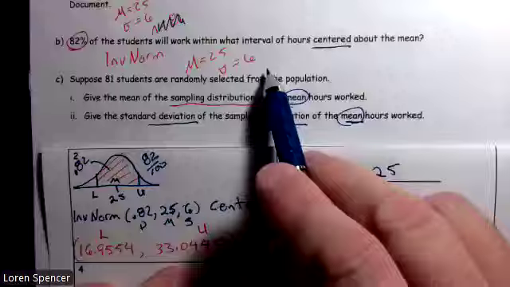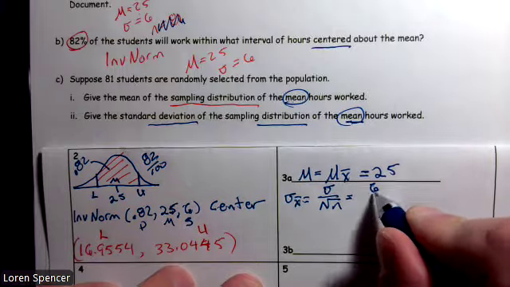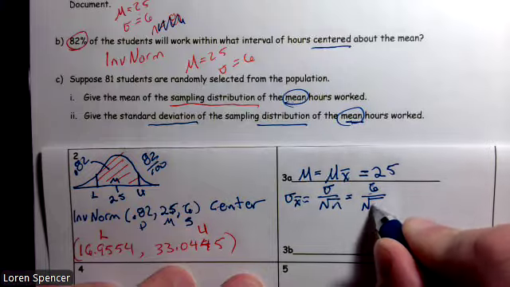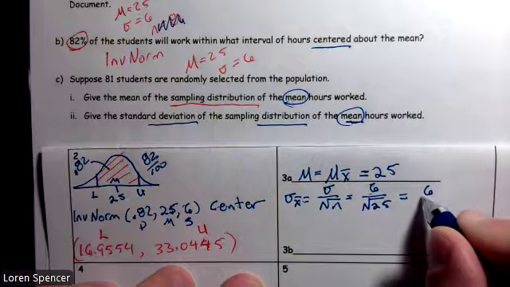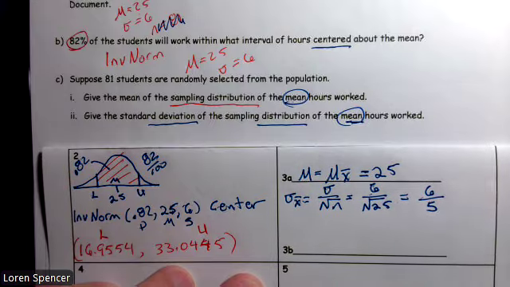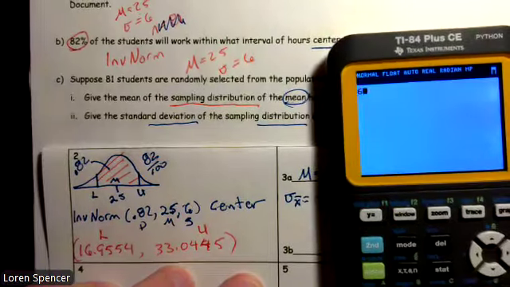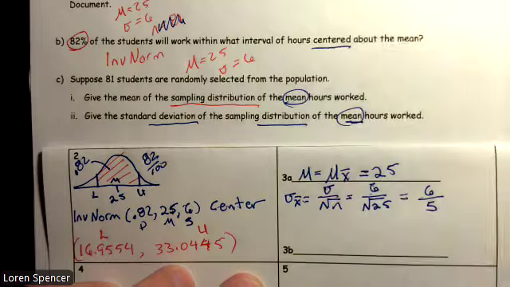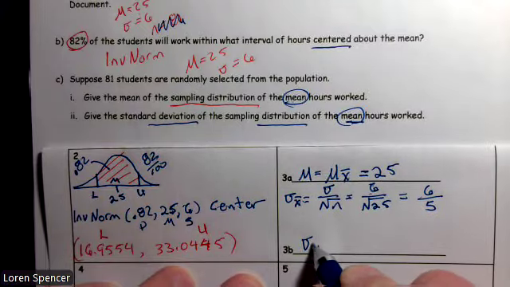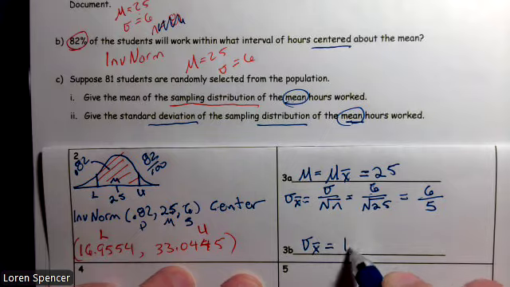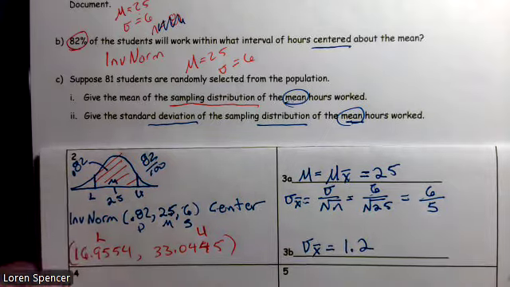Well, the standard deviation of the population was 6 divided by the square root of 25, which is the same as saying 6 over 5. Well, when I take my calculator and go 6 divided by 5, I end up getting 1.2. So the standard deviation of X bar equals 1.2. All right. Moving on.